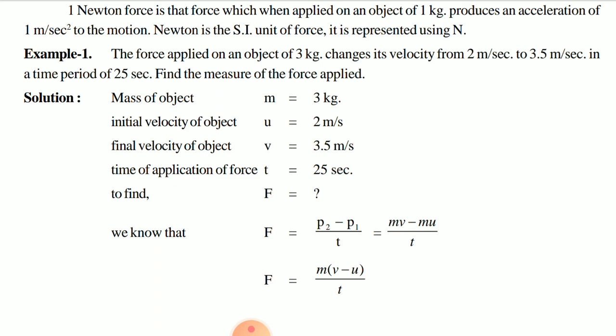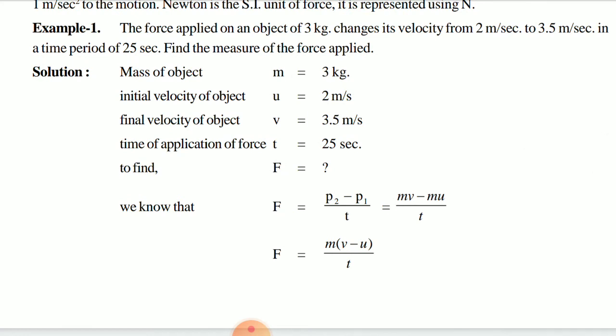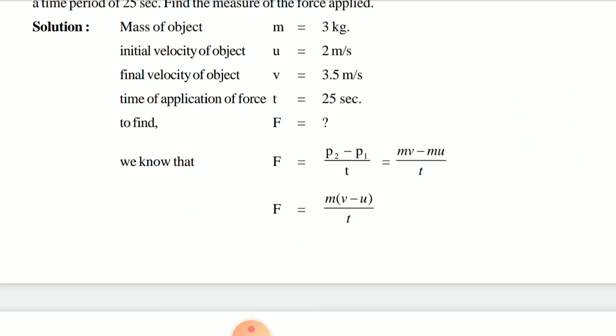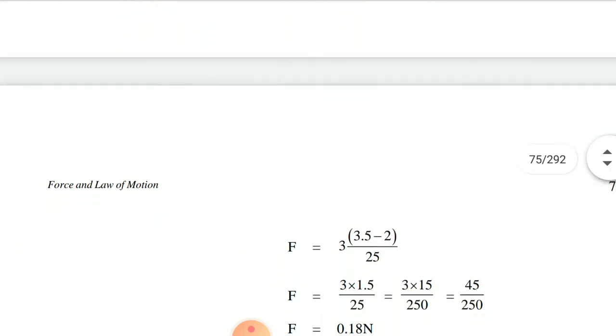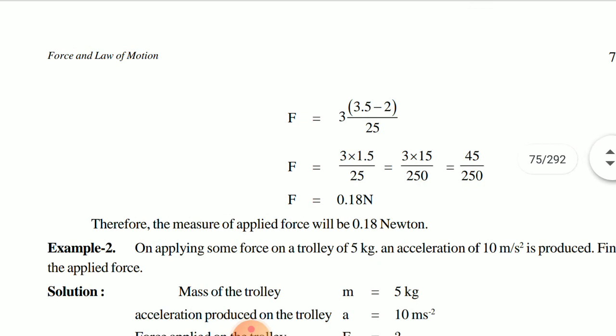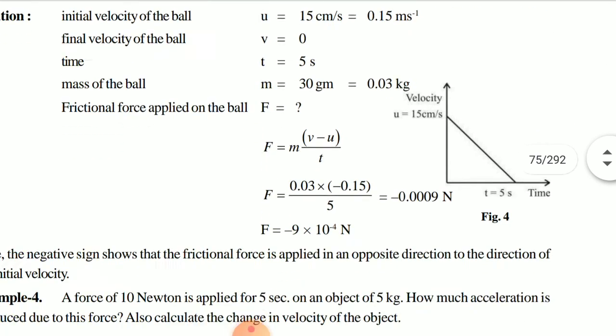So you can use this equation: force equals P2 minus P1 upon T, or mv minus mu upon T. Mass is constant, V is 3.5, U is 2 and T is 25. So you can easily calculate this and you will get the answer. The other one is very simple. Mass and acceleration are given, so simply put in the second law of motion and calculate. Just do the practicing.